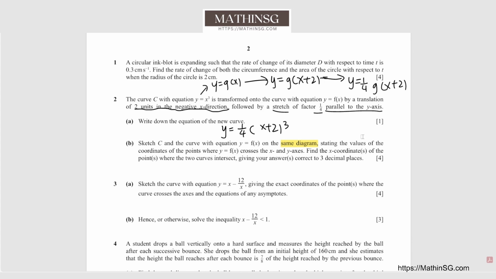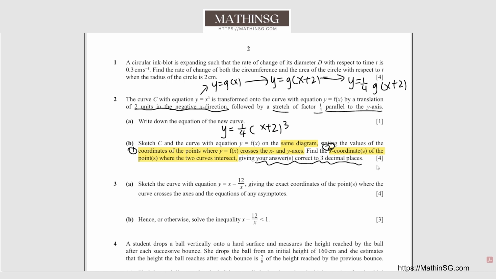Next, I need to state the coordinates of the points where they cross the x and y axes. I'll label this 1, coordinates of the x and y intercepts. Then I'm also asked for the points where the two curves intersect. Just the x coordinates, you don't need to give the y coordinates. This is number 2. Then give your answer to 3 dp.